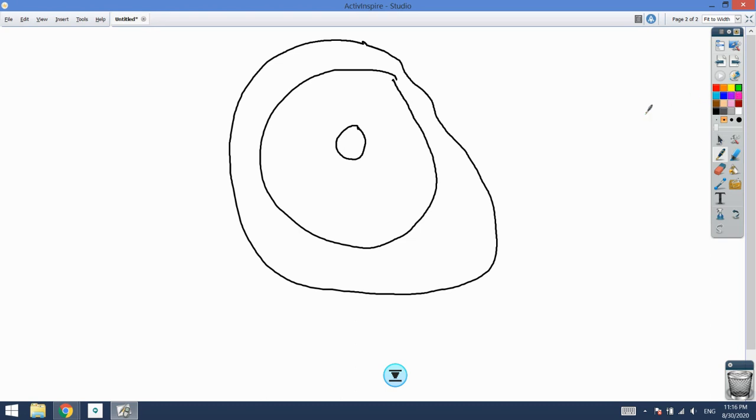Let's say our target is, of course, the center. And let's say we're going to take five shots each. 1, 2, 3, 4, 5. So all 5 of those are on target, and they're also really close to each other. So the green ones are going to be described as both accurate and precise.